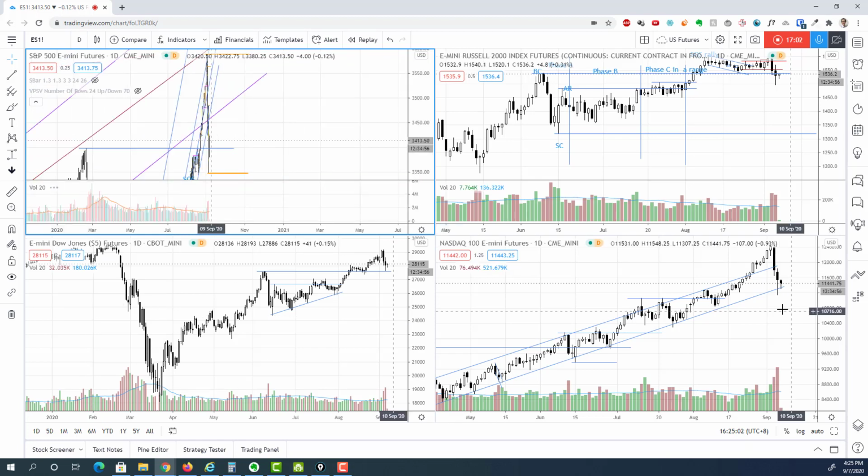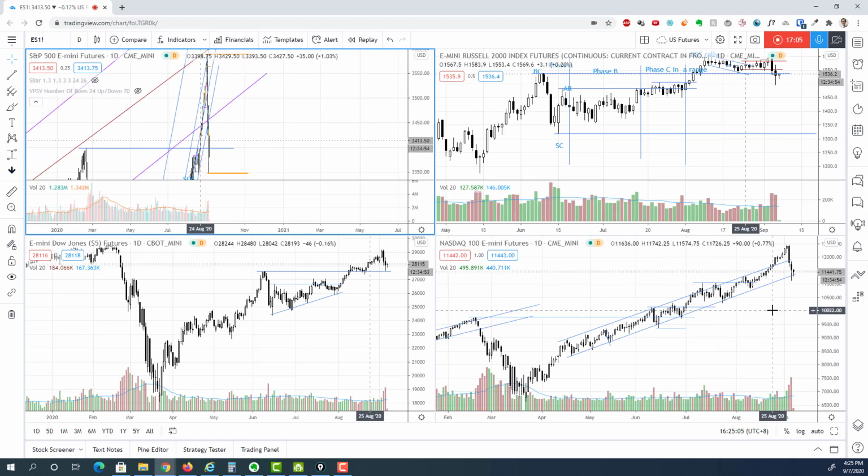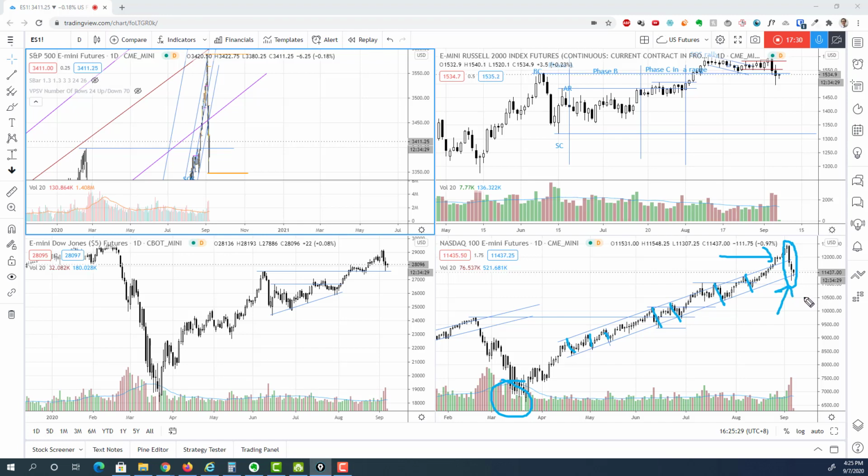One thing that is very obvious is that we have seen a huge sell-off in the NASDAQ index. In terms of magnitude, this is by far the largest down wave we have seen in this trend channel. Since the bottom of March, we have never seen this kind of sell-off. So here comes the sell-off, and this is the biggest down wave.